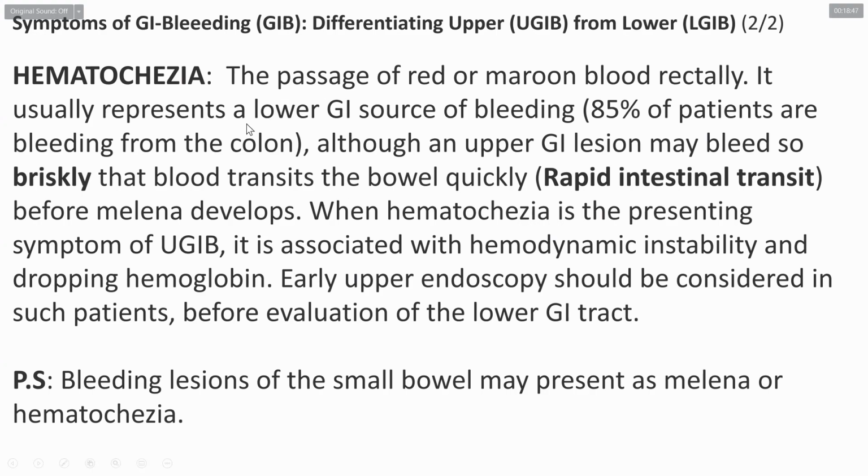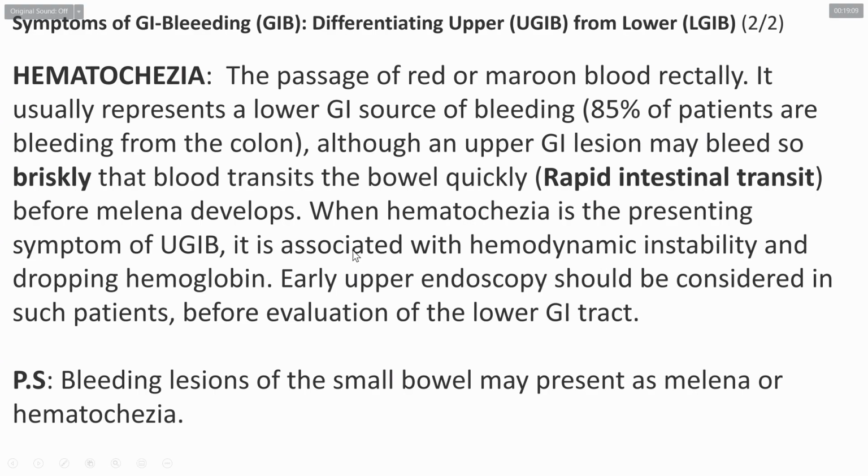If you have a massive brisk upper GI bleeding, that means you're pouring large amounts of blood into the small bowel and into the colon, and with rapid intestinal transit, you may develop hematochezia. And so you can have hematochezia with massive or brisk upper GI bleeding, okay?